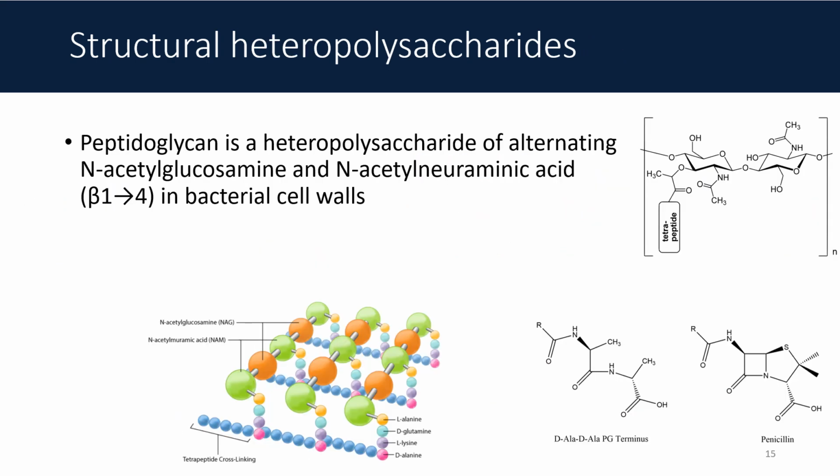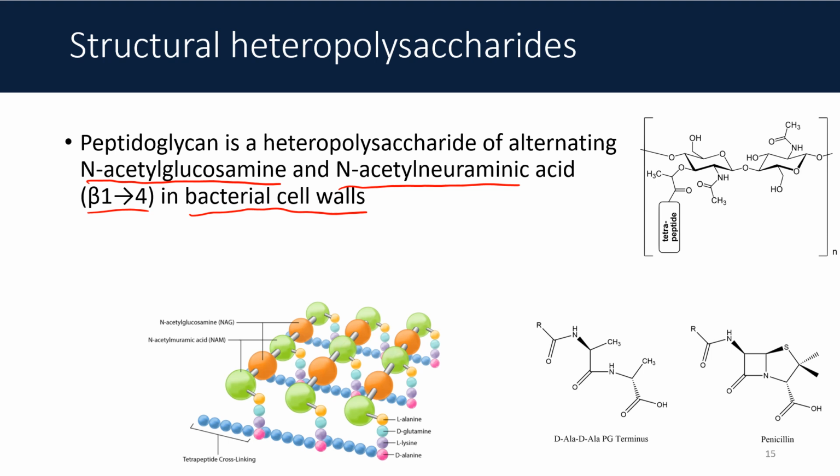Another structural polymer I want you to recognize are peptidoglycans. These are heteropolysaccharides that consist of repeating N-acetylglucosamine and N-acetylneuramidic acid. And these are both going to be connected via the beta-1,4 linkage, and they will be particularly abundant in bacterial cell walls.